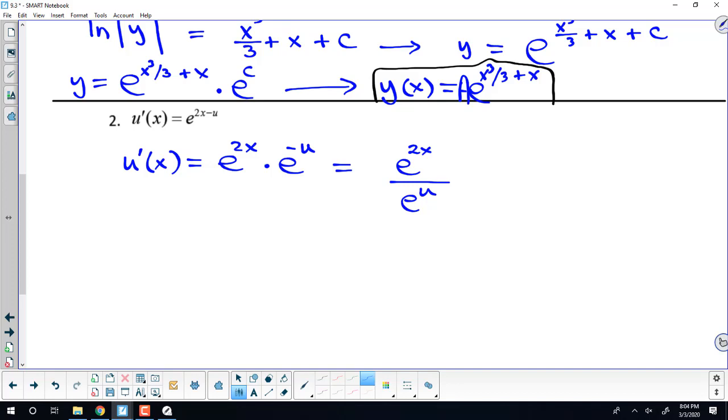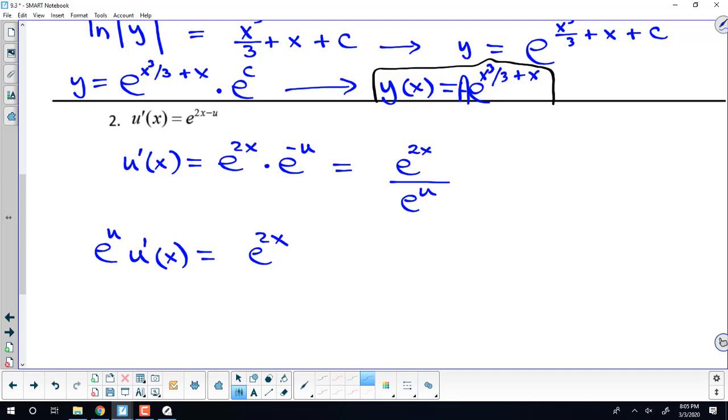So then separating it, we multiply both sides by e to the u. So we have our function of u times u prime, just like in the last example we had our function of y times y prime. So this is separated. Now we find the antiderivative with respect to what variable?